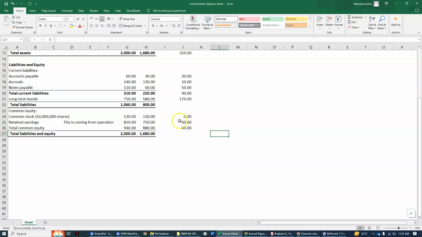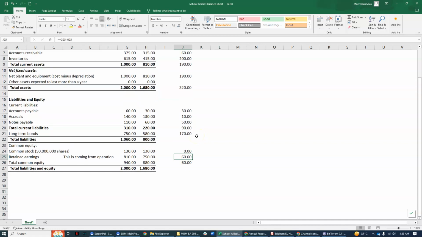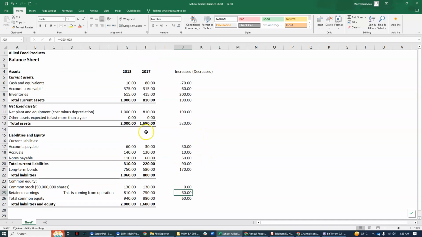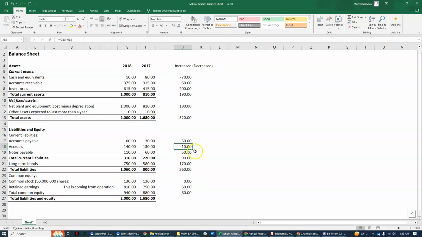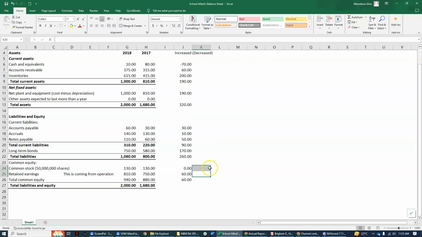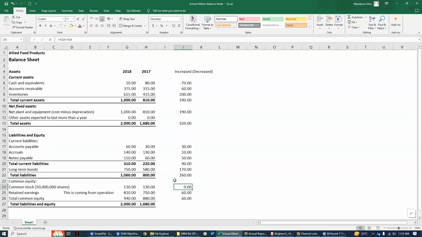So the equity is driven by the increase in retained earnings. Here we can explain that the increase in the total assets is coming from the liability, which has a total increase of 260, and a portion of that is coming from the earnings. That's how we read the balance sheet.